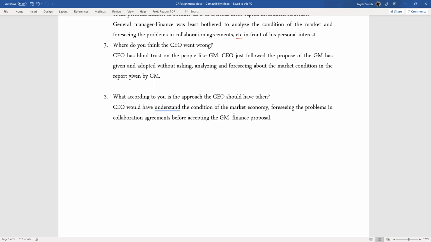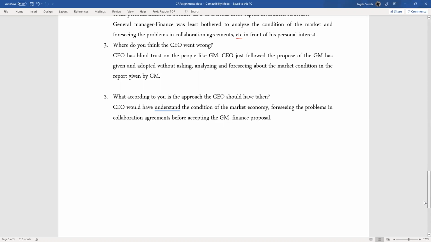How is the market economy? Will we get the proper capital for the new manufacturing machinery? He didn't analyze anything, and he blindly took the decision made by the GM Finance. That is the problem, and he should have analyzed the report that was submitted.